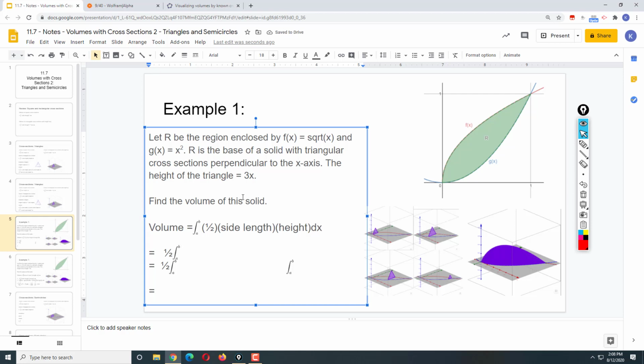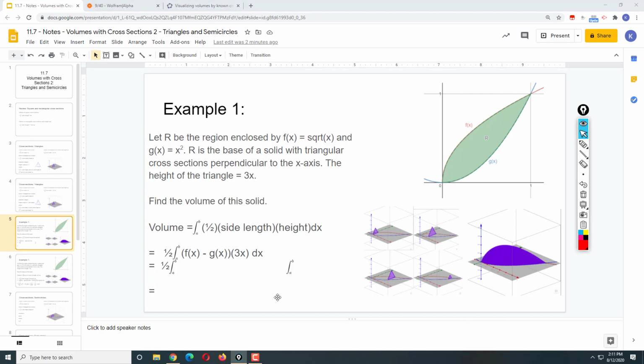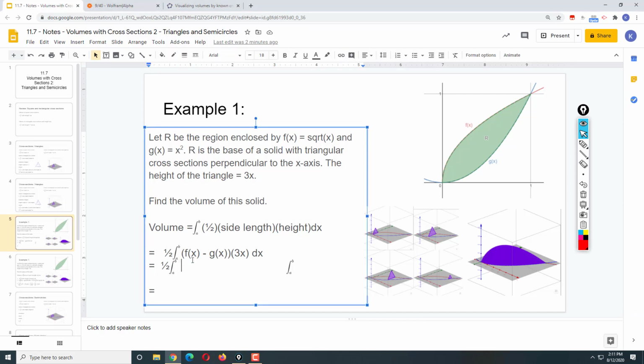That's going to be 1/2. Our side length is f of x minus g of x. Our height is 3x times dx. So that's going to be equal to square root of x minus x squared times x, and we can pull the 3/2 out in front.